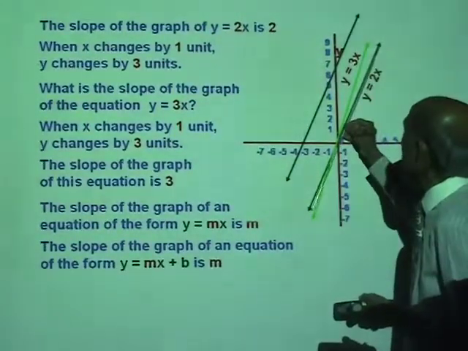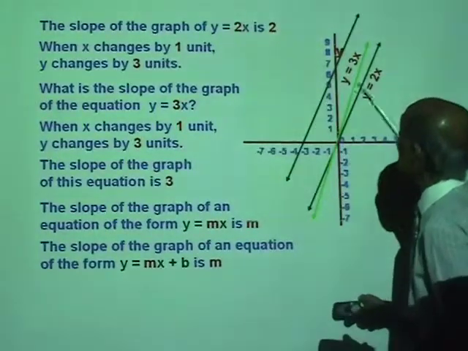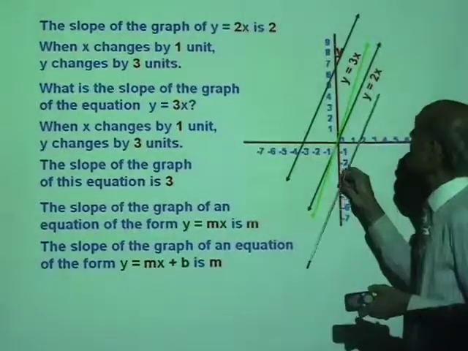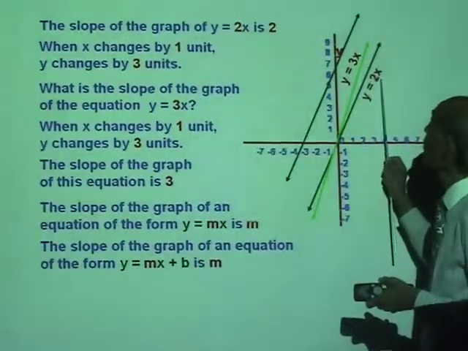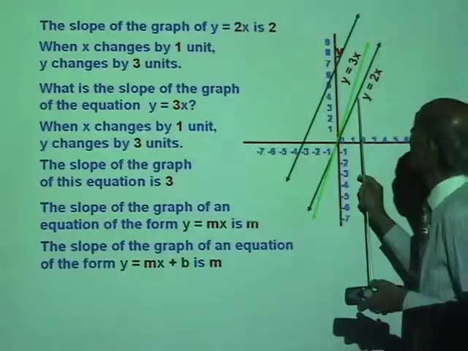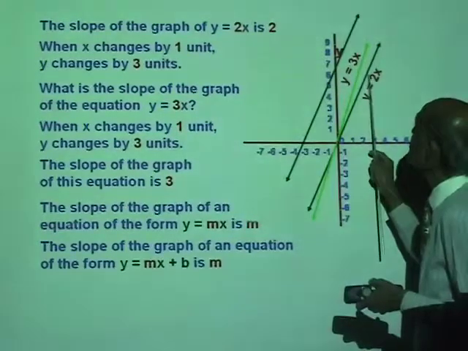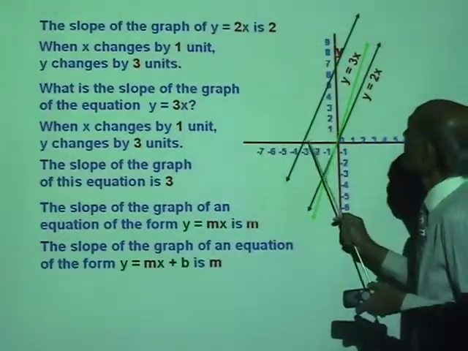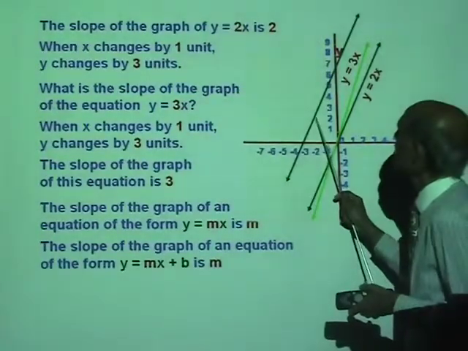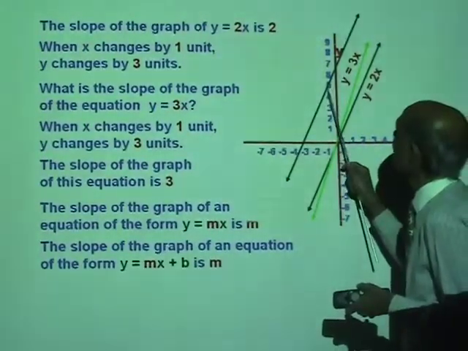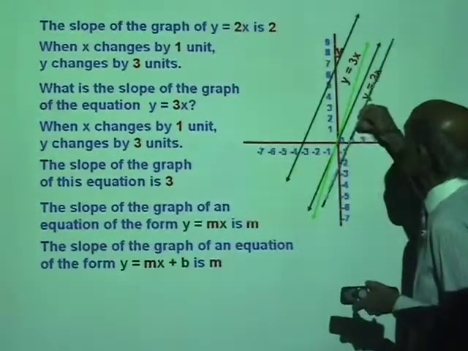If you look at this green line and this green line, they have the same slope. What is the slope of this green line? Slope is 2. That means every time x changes by 1 unit, y changes by 2 units.